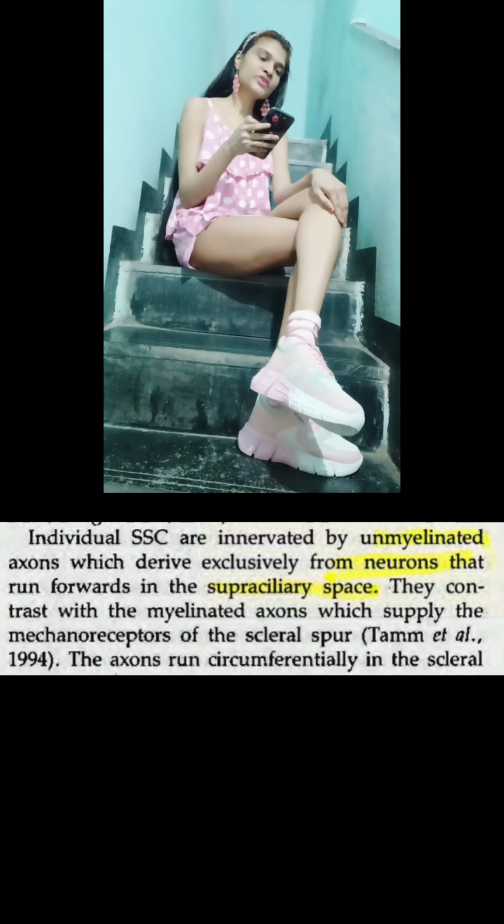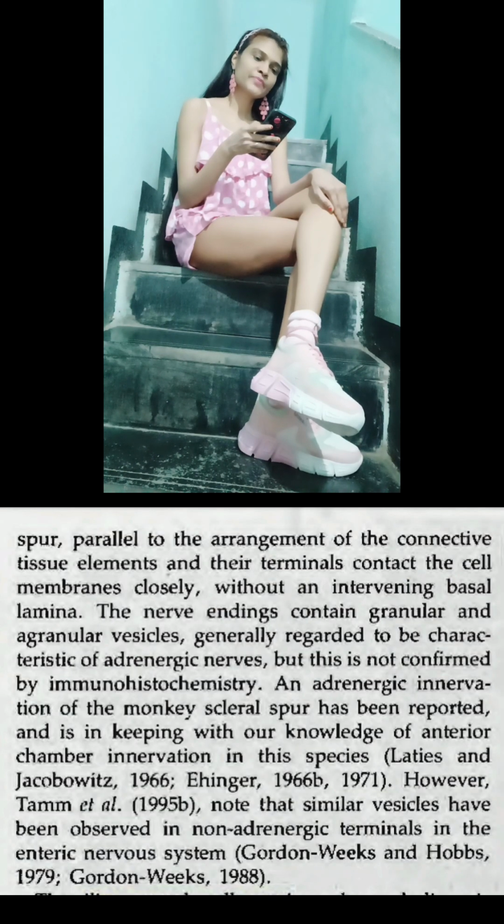The axons run circumferentially in the scleral spur parallel to the arrangement of the connective tissue elements, and their terminals contact the cell membranes closely without an intervening basal lamina. The nerve endings contain granular and agranular vesicles, generally regarded to be characteristic of adrenergic nerves.